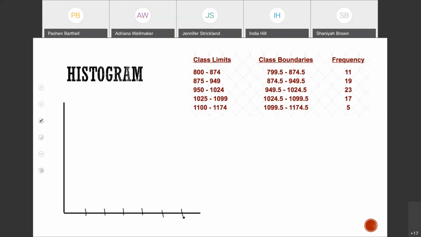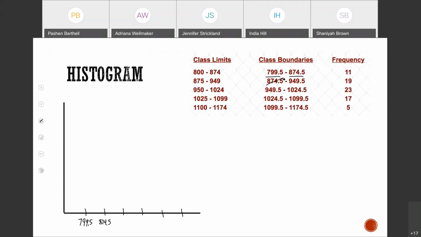So I'm going to start with the 799.5. And then I'm going to move over to the 874.5. And then when I move down to the next class, notice that we've got a duplication here. So I don't need to put that again because I already have the 874.5.